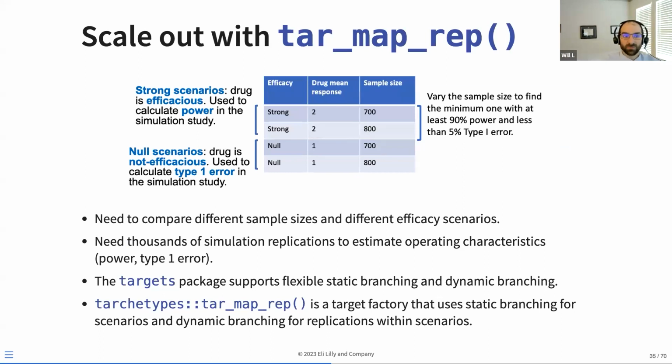So up until this point, we've only run one simulation replication per scenario, and that's good for establishing the structure of the pipeline, running it quickly, making sure that it works before we scale up the number of simulation replications, and before we place more computational demand on each simulation.